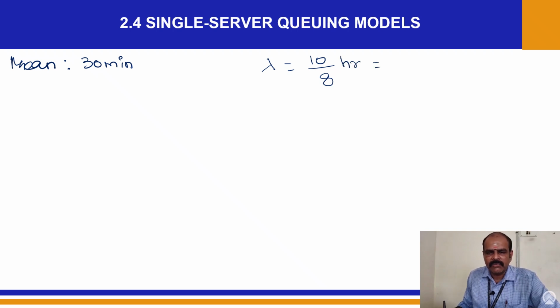Now let us simplify. Dividing by 2, we get lambda equal to 5 by 4 sets per hour.